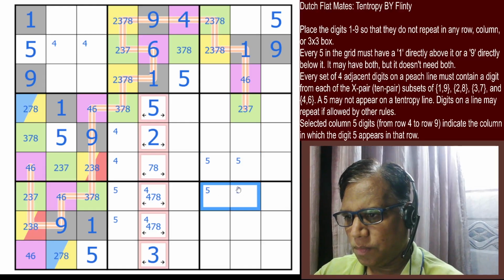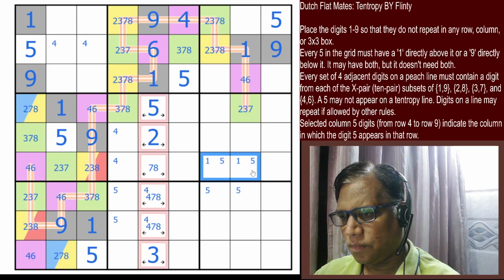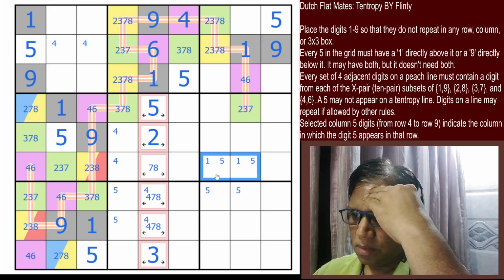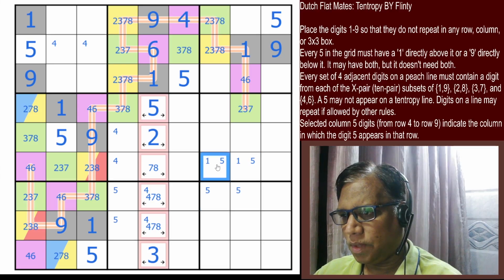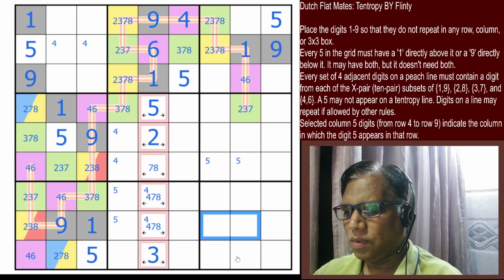If that's 5, because you cannot have 1 here. This must be 1 now, right? So that will become 1 5. That's okay, right? I mean, something like 5 here, 1 here, but then 5 here, 9 here. That's okay. So 5 could be here. What about 5 is here? That could be 1, that could be 9.